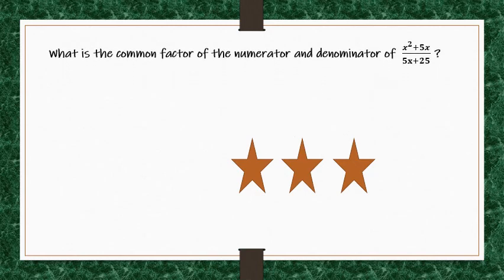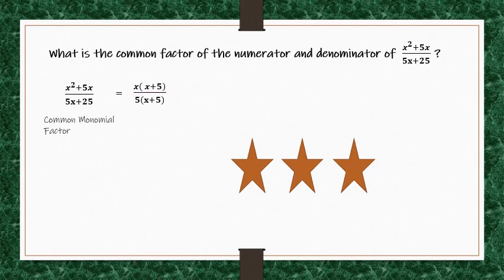This is the last one. What is the common factor of the numerator and denominator of x squared plus 5x over 5x plus 25? Now we're going to apply the common monomial factor to each of these, x squared plus 5x and 5x plus 25.